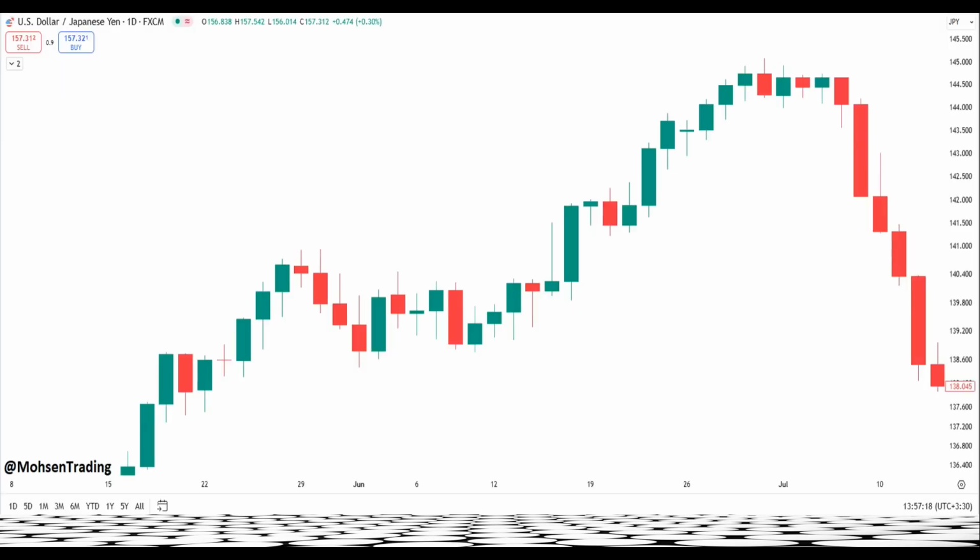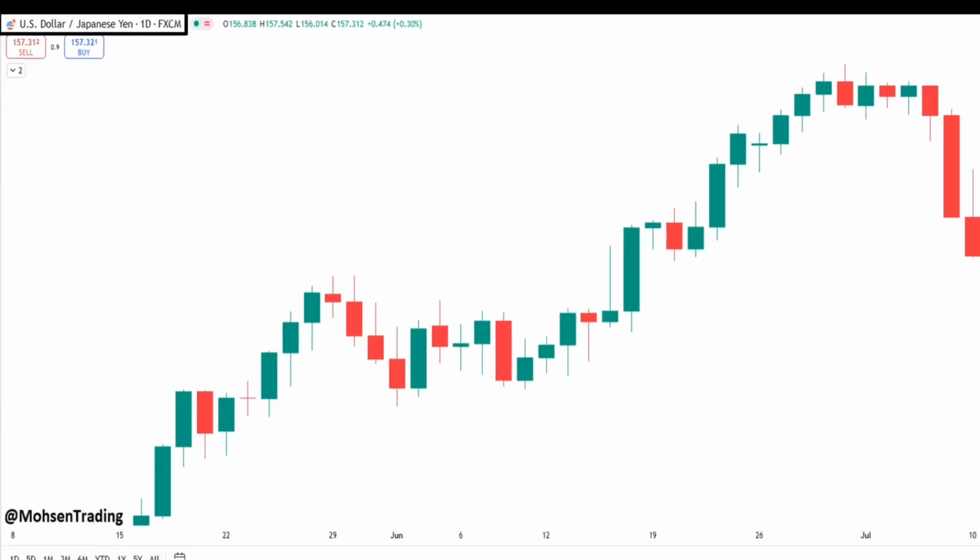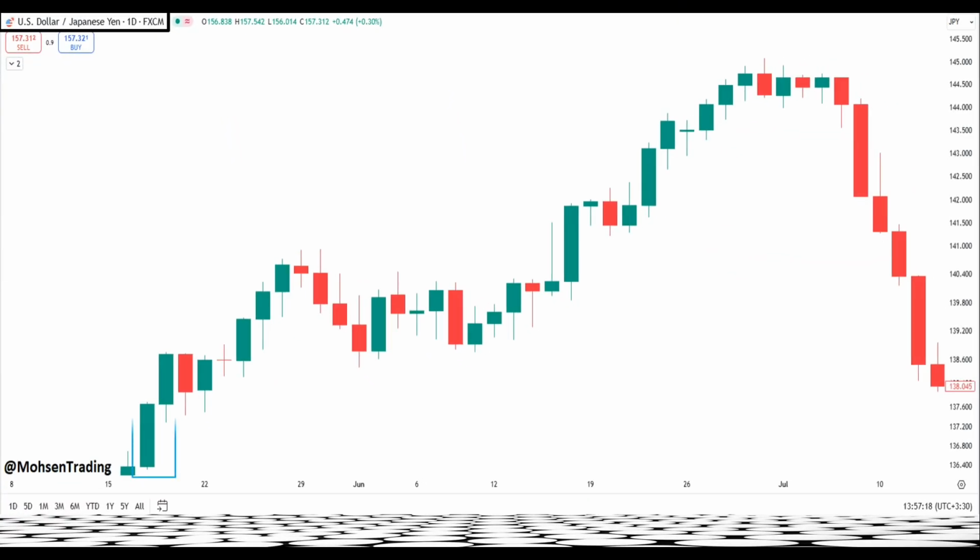Let's start by looking at the USD/JPY Forex chart on the daily time frame. Here we can see a strong bullish trend initially, but notice how the candlestick size begins to shrink. This shrinking of the candlesticks indicates weakening momentum, suggesting that the market may be losing strength.